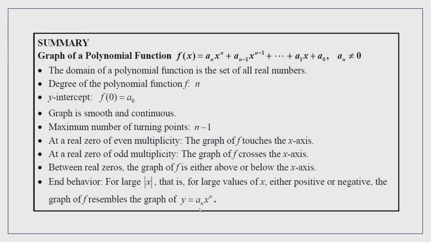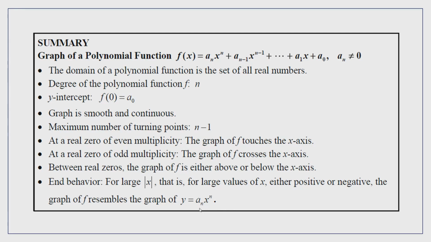At a real zero of even multiplicity, the graph of f is going to touch the x-axis, so it's just going to touch it and bounce off. At a real zero of odd multiplicity, the graph of f crosses the x-axis. Between real zeros, the graph of f is going to either be above the x-axis or below the x-axis.